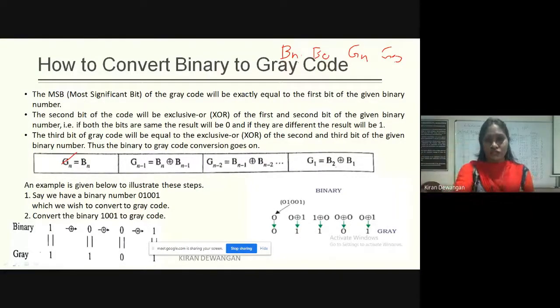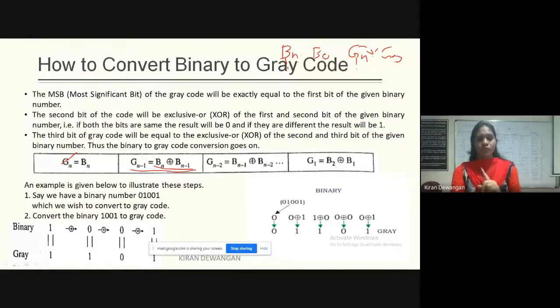Now for the first gray bit, it will be exactly same. GN will be exactly BN. For GN minus 1, that is the next bit, what will we do? BN XOR BN minus 1. Clear? That is what we studied right now.